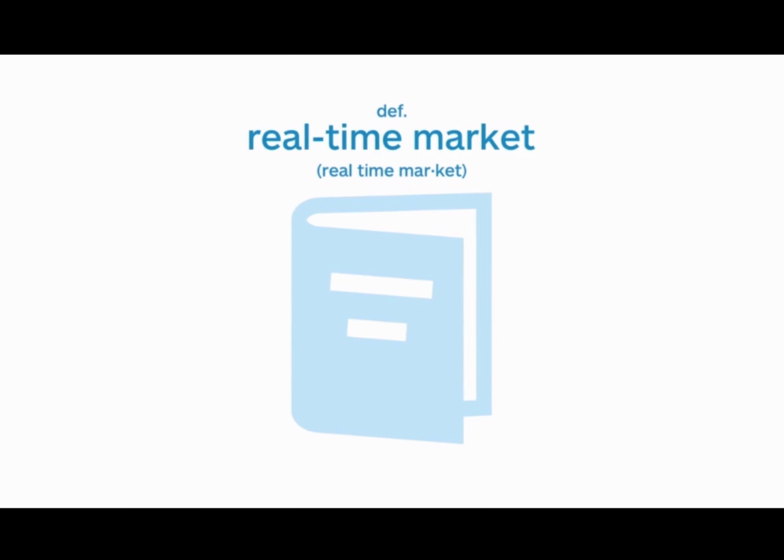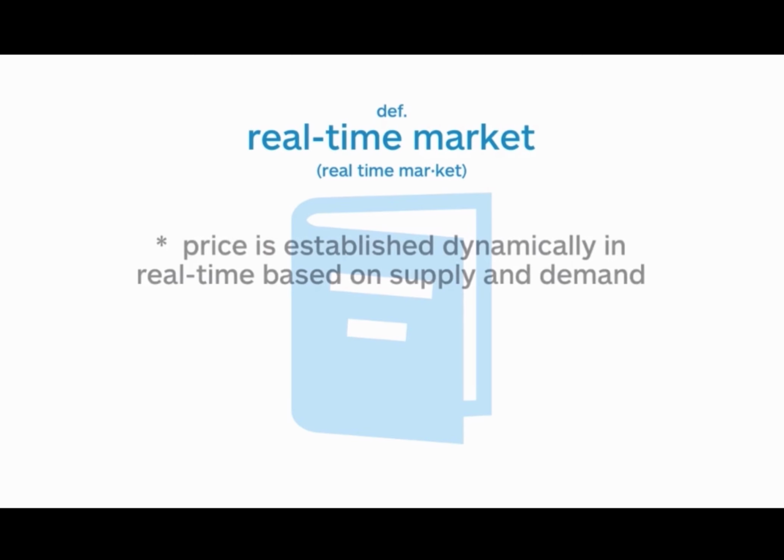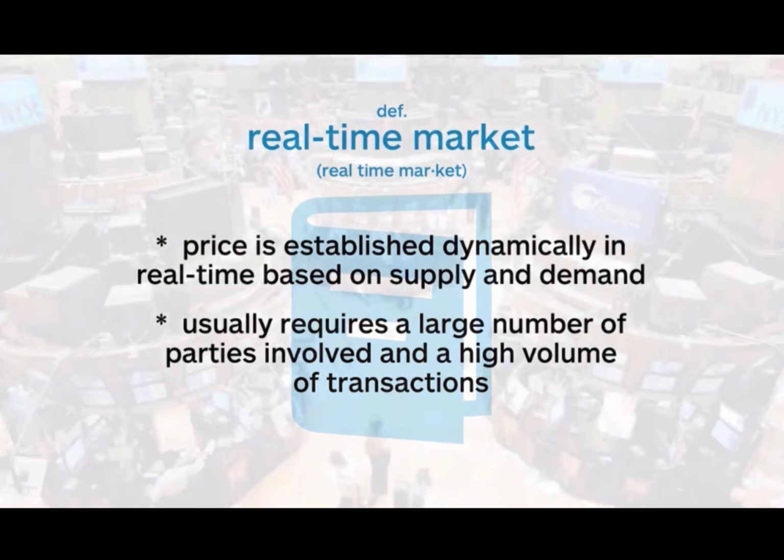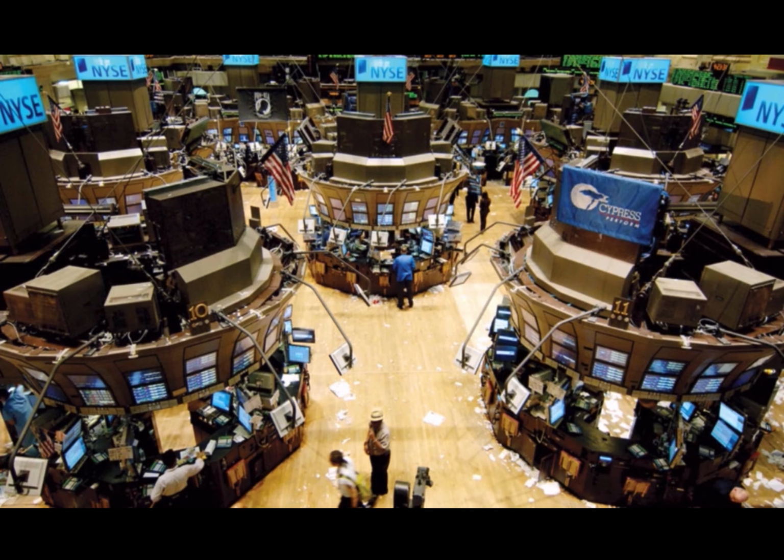And then, of course, you have real-time market pricing. Here the price is established dynamically in real time based on supply and demand. Now this pricing mechanism really only works if you have a lot of buyers, a lot of sellers, and a large volume of transactions. And what comes to mind, of course, is the stock market, where you have dynamic pricing.